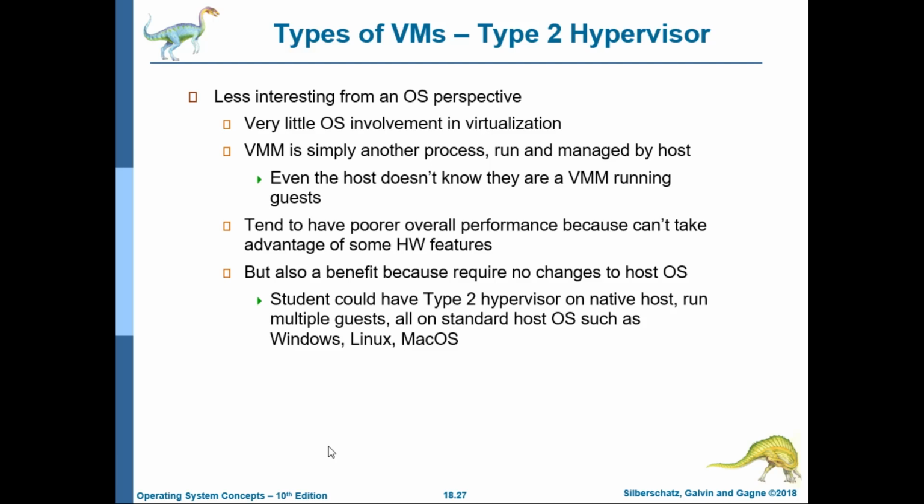They tend to have poorer overall performance because they can't take advantage of some hardware features, but a benefit is that they require no changes to the host OS. That's why type 2 hypervisors are easier to install. Students could have a type 2 hypervisor on a native host and run multiple guests, all on a standard host OS such as Windows, Linux, and Mac OS.